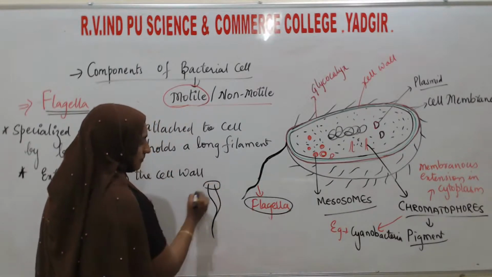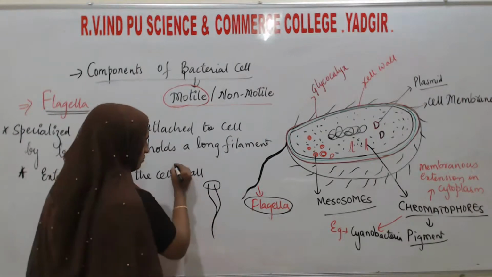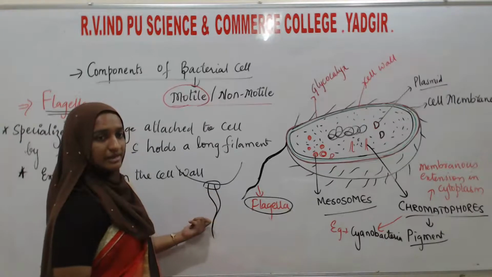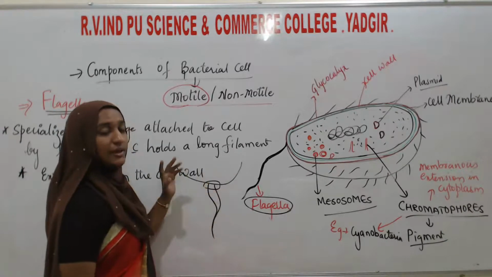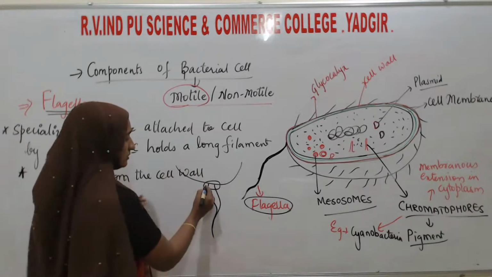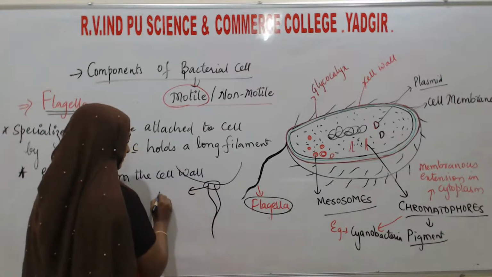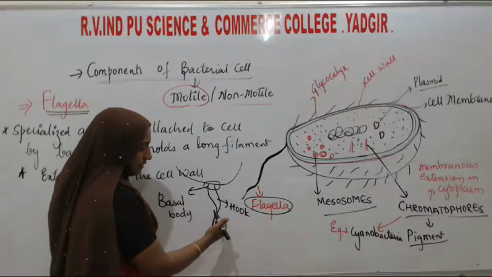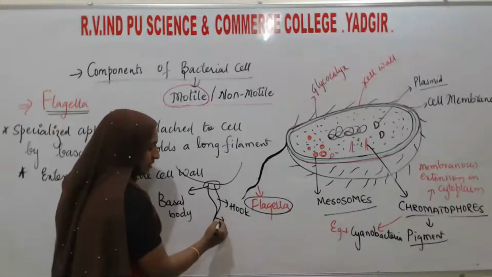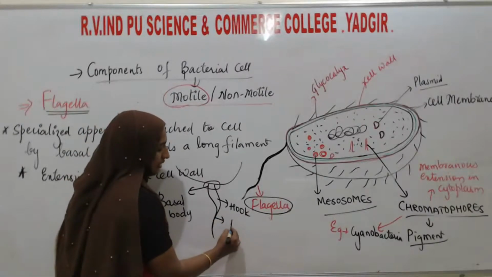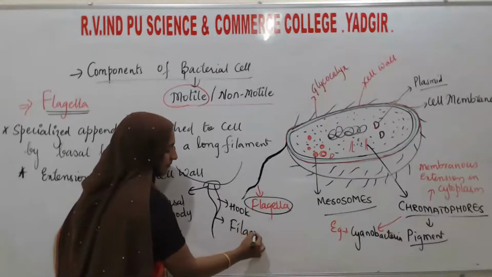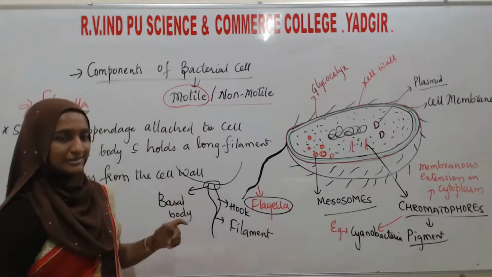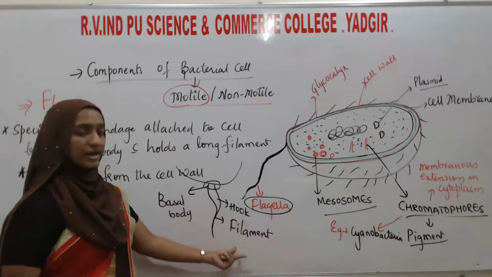The part which is attached to the bacterial cell wall, extending from it, is known as the basal body hook. The thin terminal part is known as the filament. So the flagella is made up of three parts: basal body, hook, and filament.